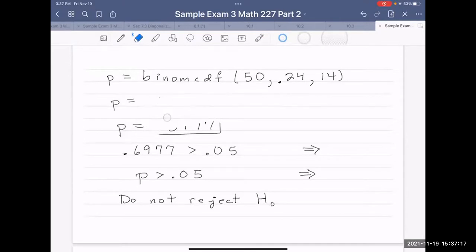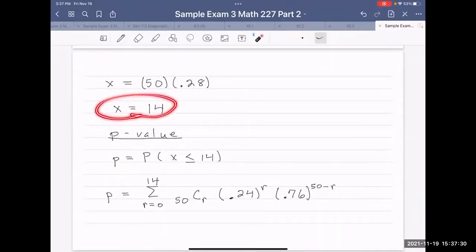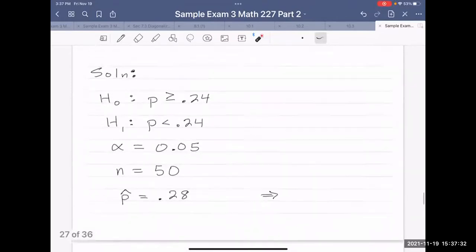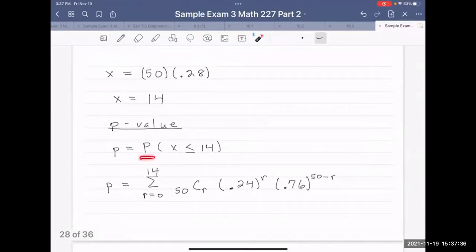I just saw an error there. So let me calculate the p-value. Everything's still going to work. So I have here, this is less than. So let's find the probability that x here is less than or equal to 14.